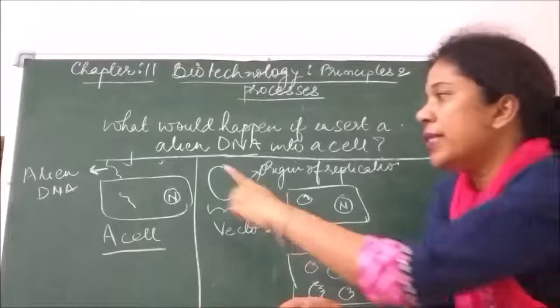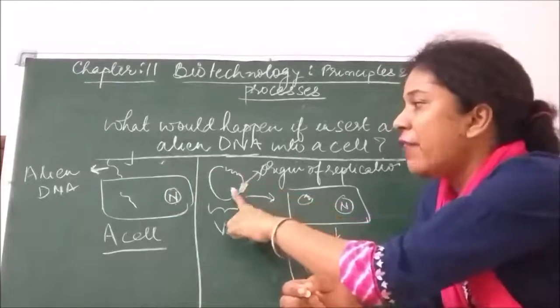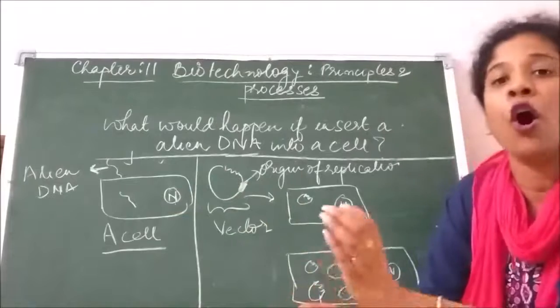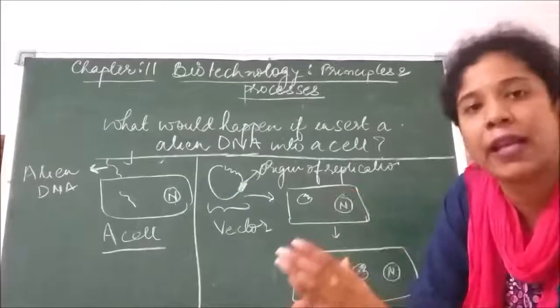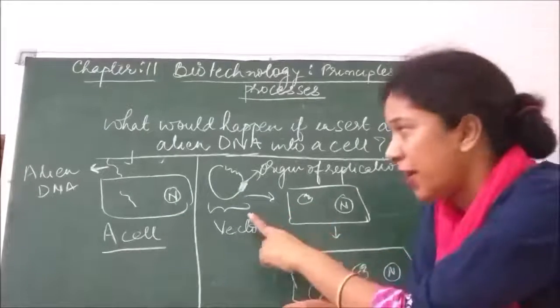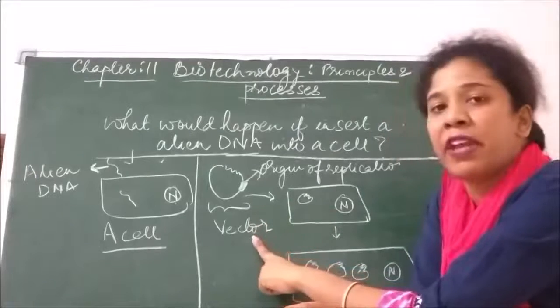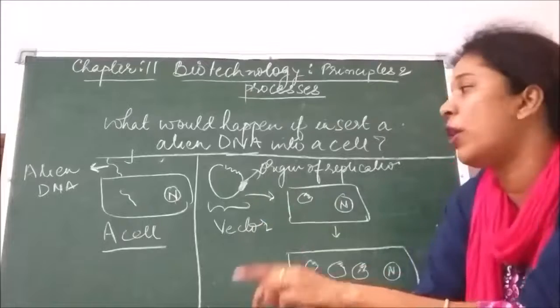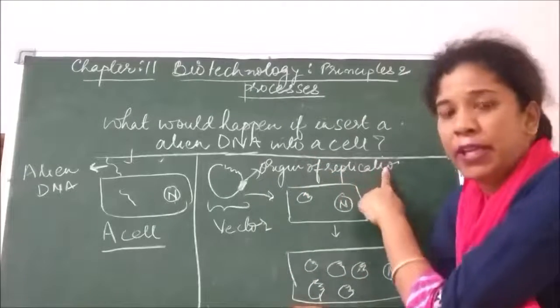So what we will do is take this alien DNA and insert it into a molecule, maybe a chromosome or a carrier molecule or a vehicle-like molecule which is called a vector. Now this vehicle-like molecule, the vector, has a sequence of DNA called the origin of replication.